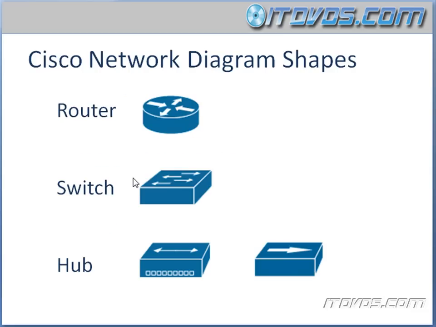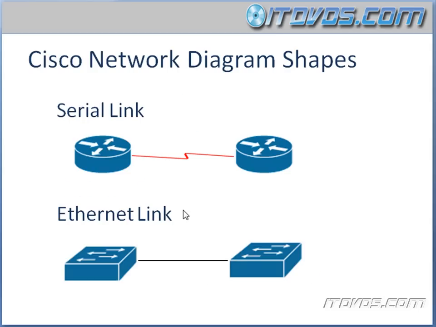Now we're going to see some symbols over and over again when we look at diagrams for Cisco equipment. The first one is a router, and this symbol, a cylinder with various arrows on it, is the symbol for a router. This is a symbol for a switch, and these are symbols for a hub. These are just standard symbols that Cisco came up with when we diagram our networks, and we're going to see a lot of diagrams.